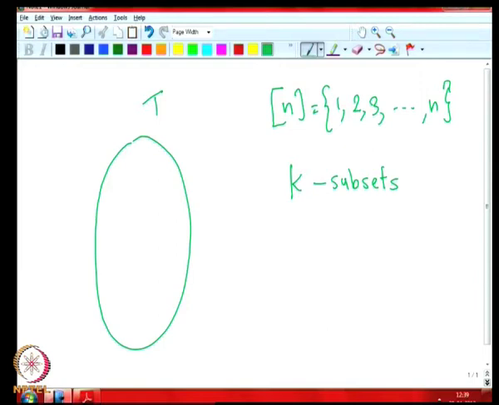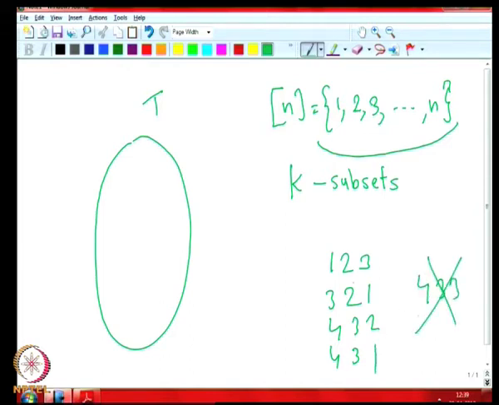Partial list means we want members of the list to come from this set. At the same time, the members should not repeat. For instance, a 3 element list can be 1, 2, 3, or 3, 2, 1, or 4, 3, 2, or 4, 3, 1, but never 4, 3, 3.